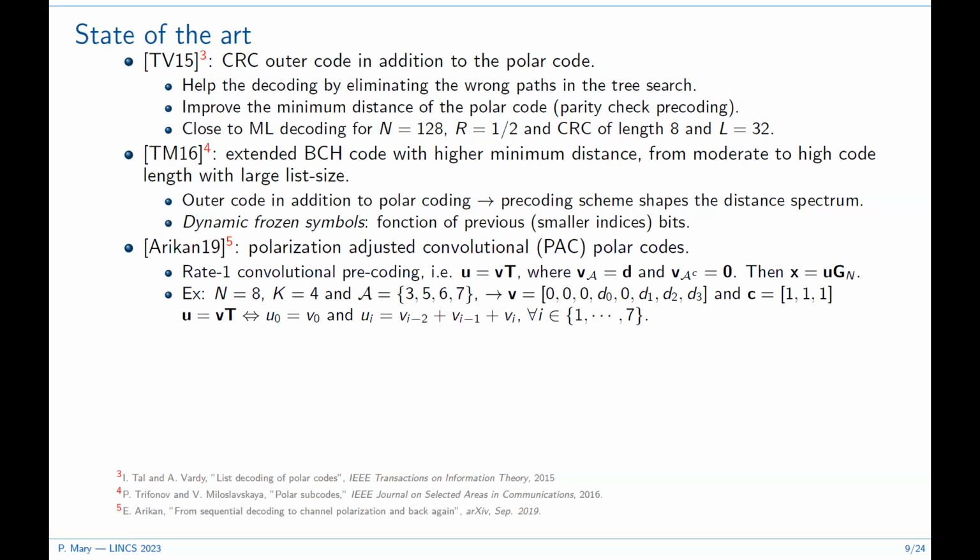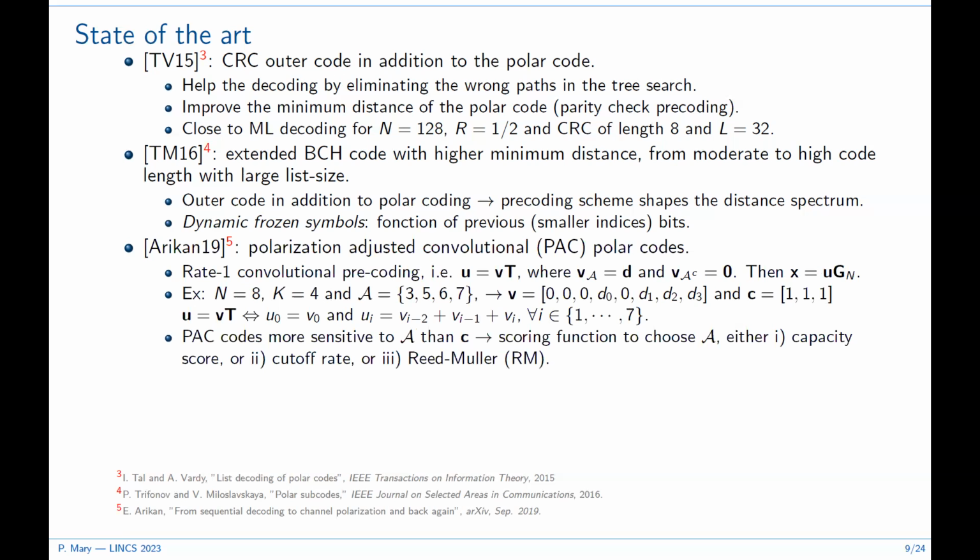In 2019, Arikan proposed his PAC codes, the polarization adjusted convolutional codes. It is still a precoding scheme, but with a particular matrix T, which represents a convolutional encoder, a rate 1 convolutional encoder.